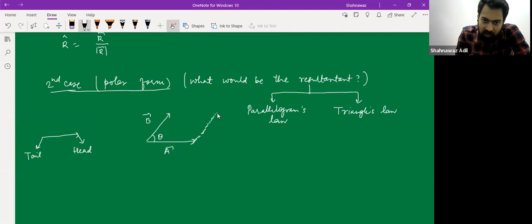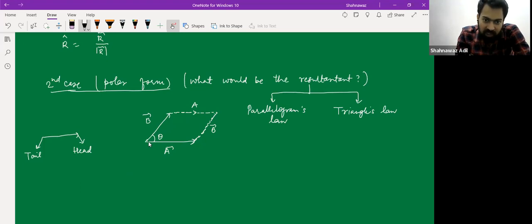Then you place vector a on the head of this vector, again parallelly. So you will make a parallelogram.